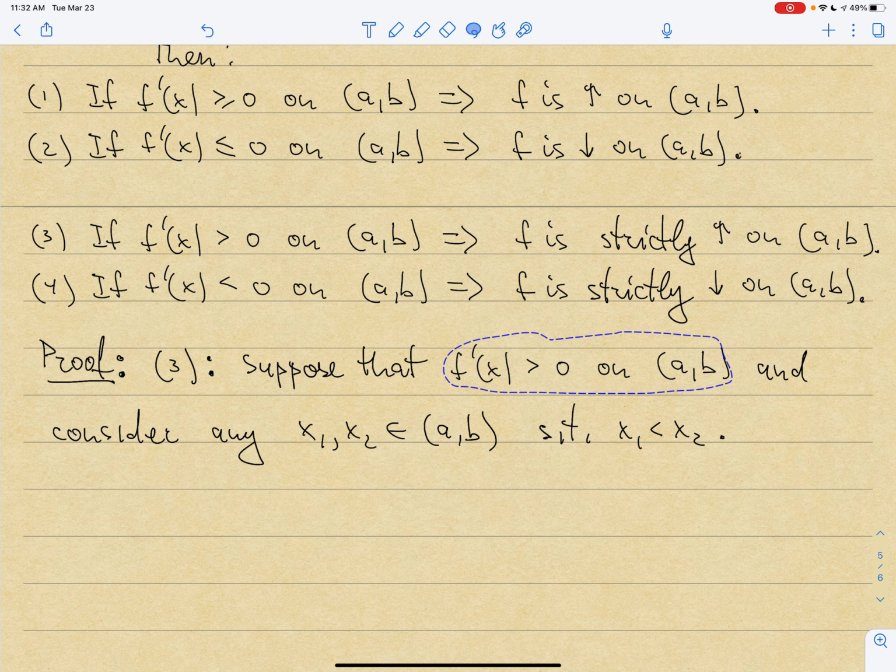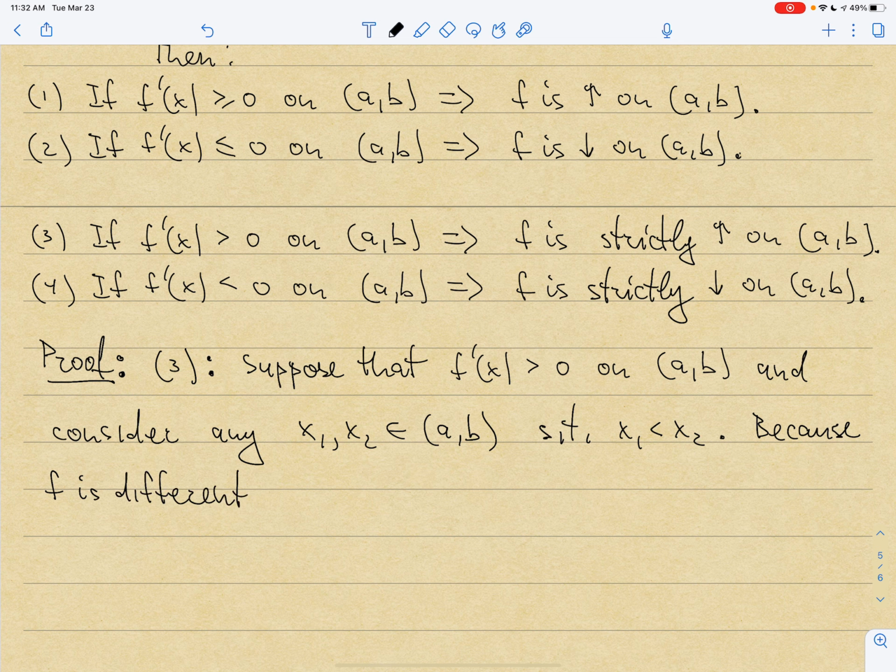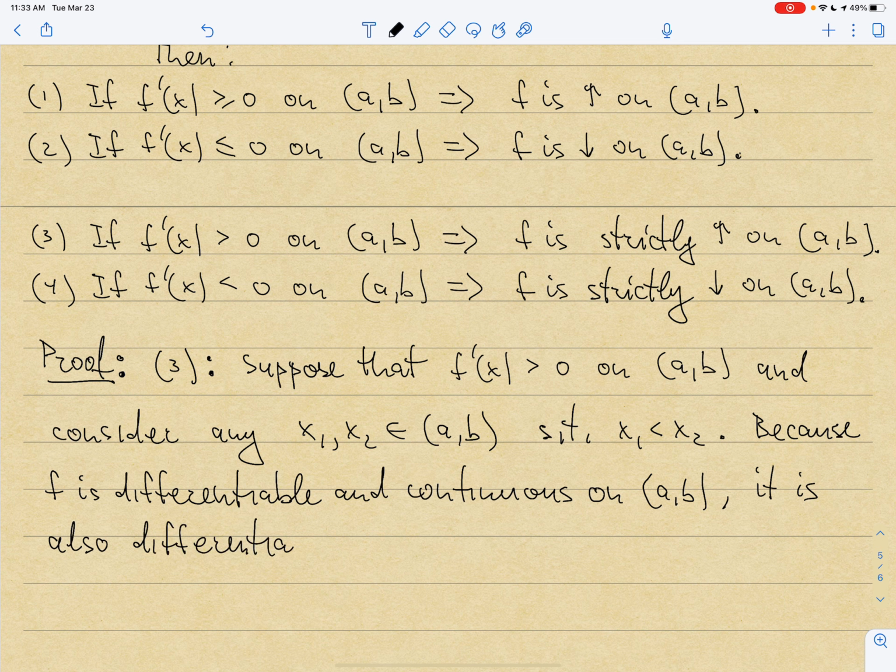And if it is differentiable, it's also continuous on AB, right? So because f is differentiable and continuous on AB, it is also differentiable and continuous on this subinterval x1, x2.